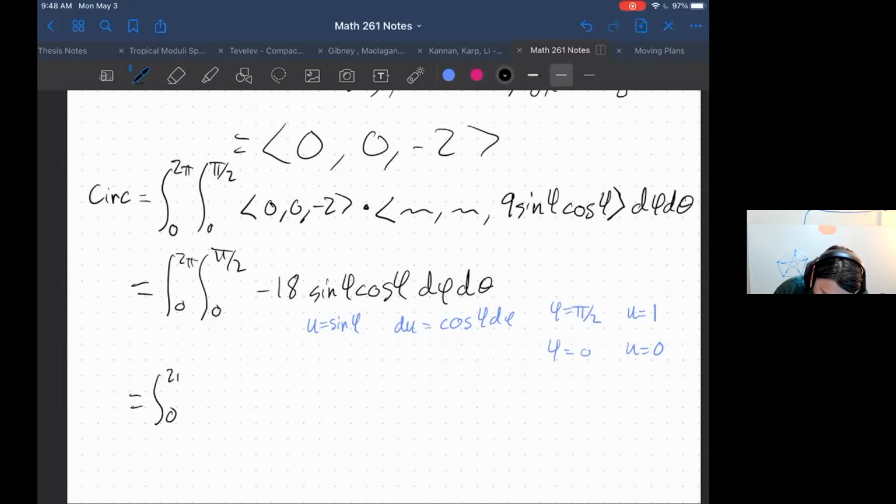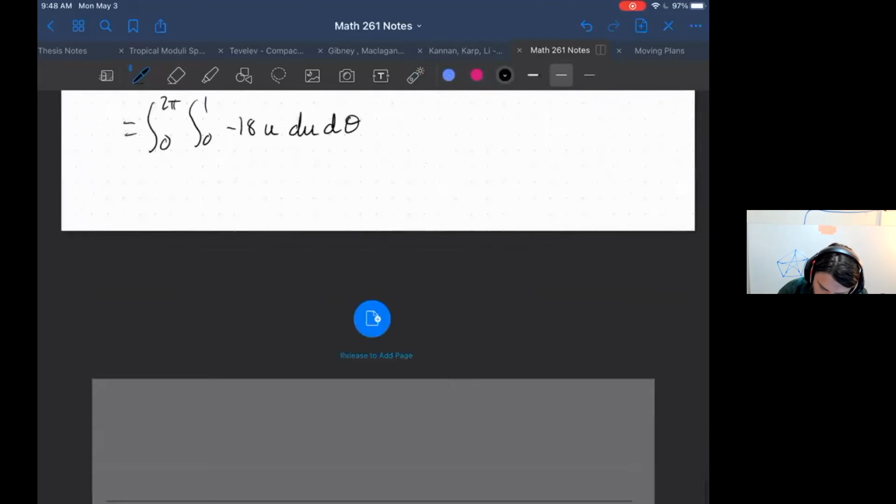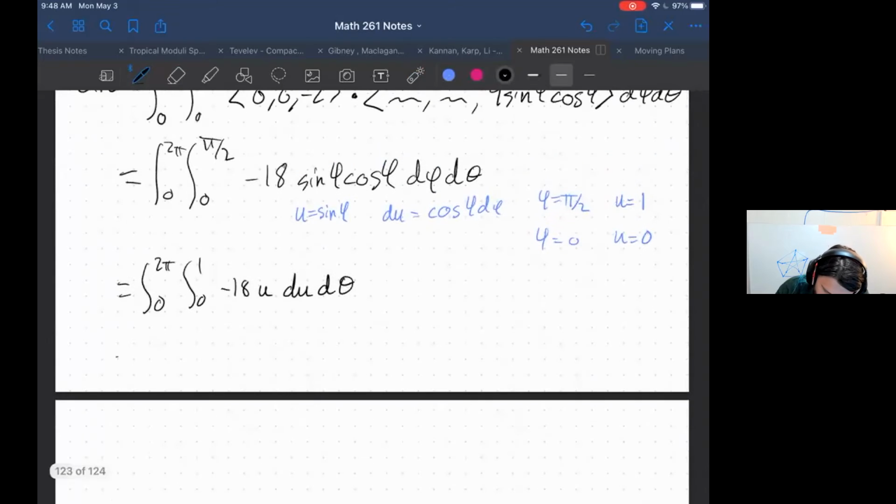So this is 0 to 2 pi, 0 to 1, negative 18u du d theta. We can actually integrate this now.